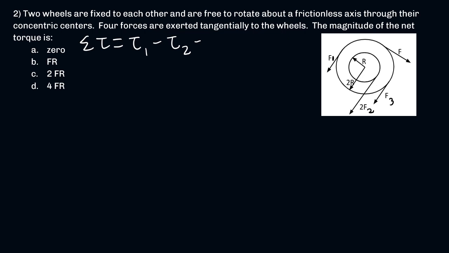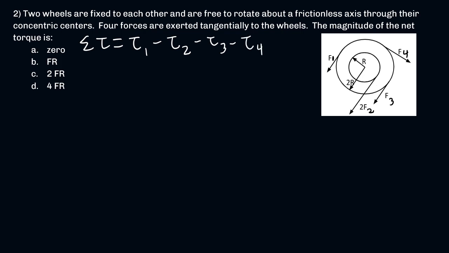And for torque 4, the last one here, I'm going to put a 4 next to this. That force, which is 2R away from the axis of rotation, is also going to be a negative torque, torque 4.